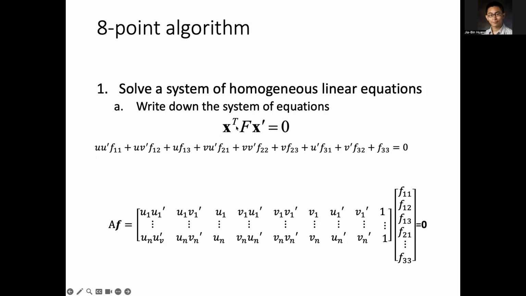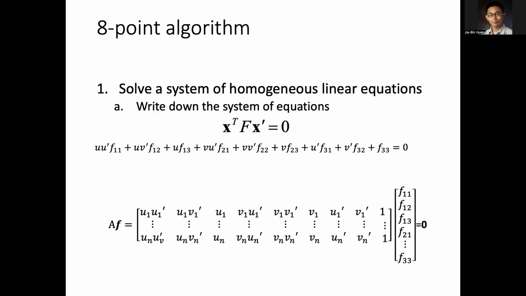I just expand this, multiplying everything together, and I get an equation. So every pair of correspondence (u, v) matched to (u', v'), which you get from matching features, right? And then what you do, like every other algorithm we apply, is figure it out, because you know that if I have a correspondence, it must satisfy that equation with F.